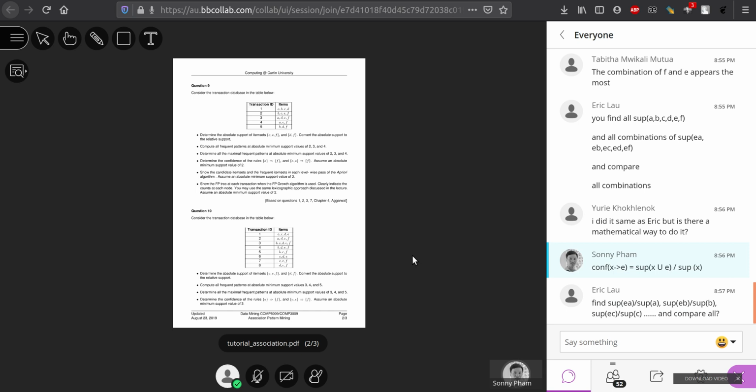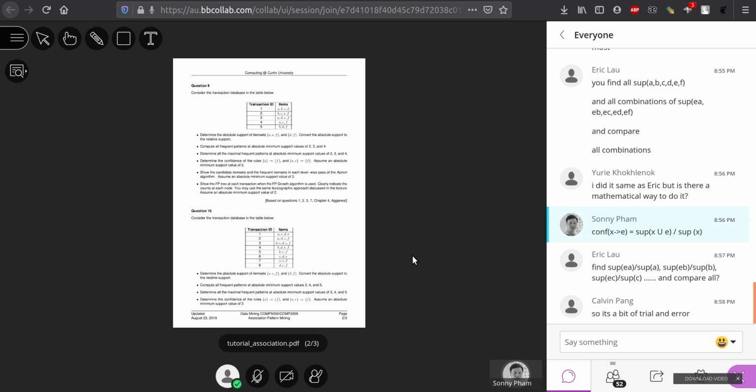So you have to try a lot of combinations and compare them all, because this is not something linear. You have to find all possibilities and figure out which one probably gives you the best one.